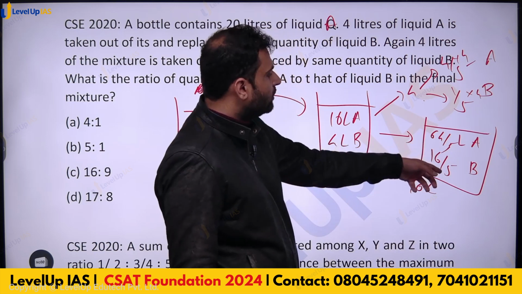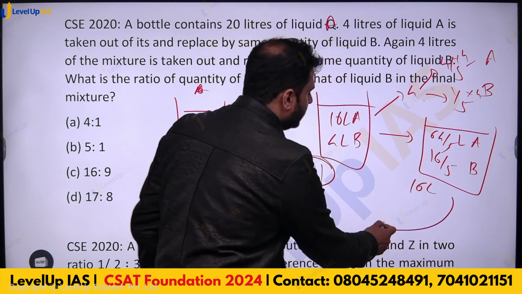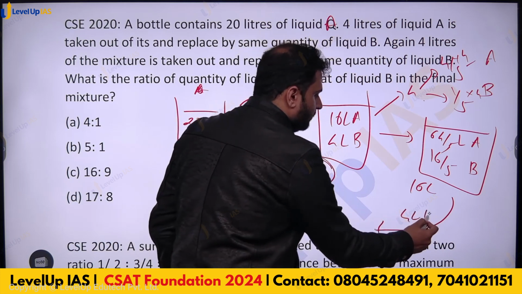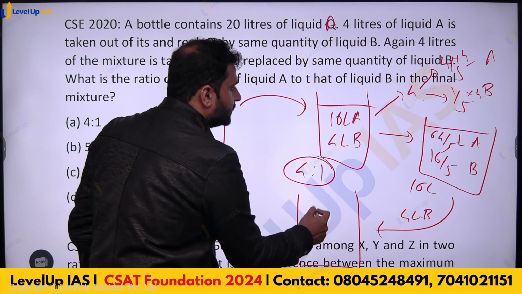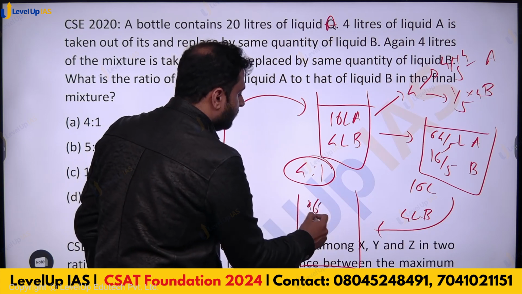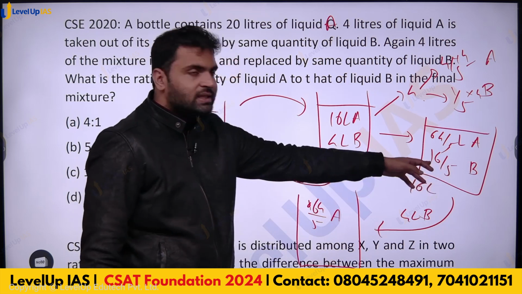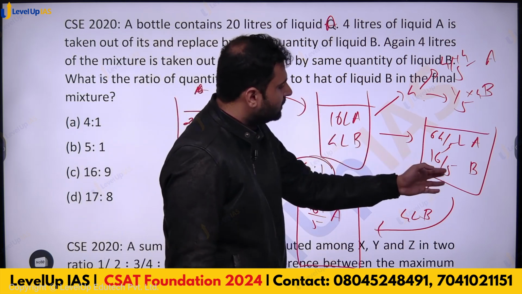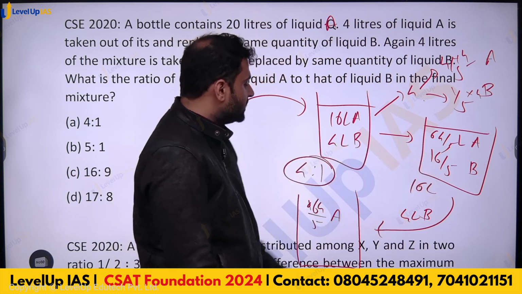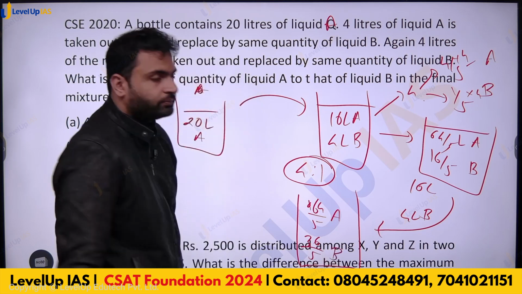You can add these two and you will get 16 liters. And in this mixture we are adding 4 liters of B. So what we have is 64 by 5 of A and 4 plus 16 by 5, which is 20 plus 16, so 36 by 5 of B.